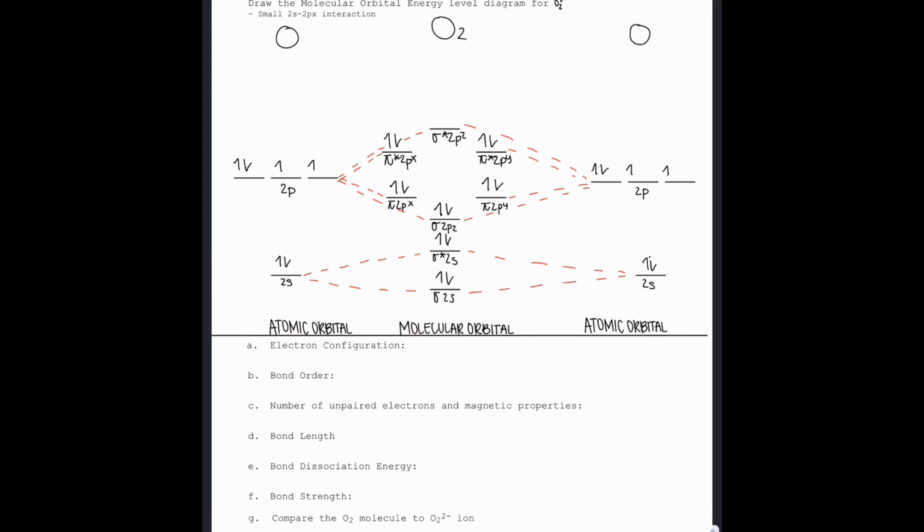Okay, now that we've drawn in our lines, filled in our orbitals, and labeled everything for the diagram, we will go on to our next section.